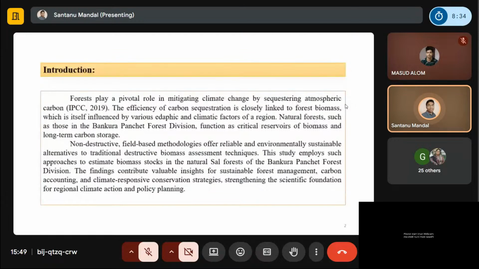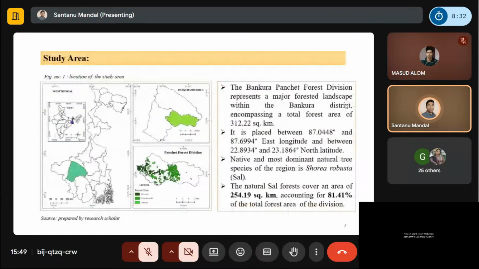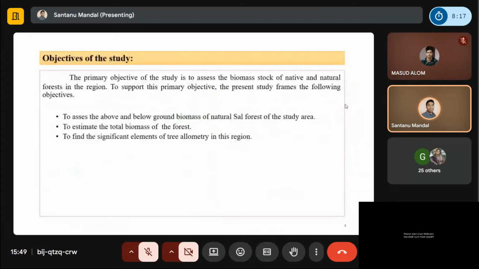This is our study area. Mainly sal plantation and natural sal forest are taken for study. Almost 81% of the forest area is under the sal forest of this division, and these are the objectives of my study.